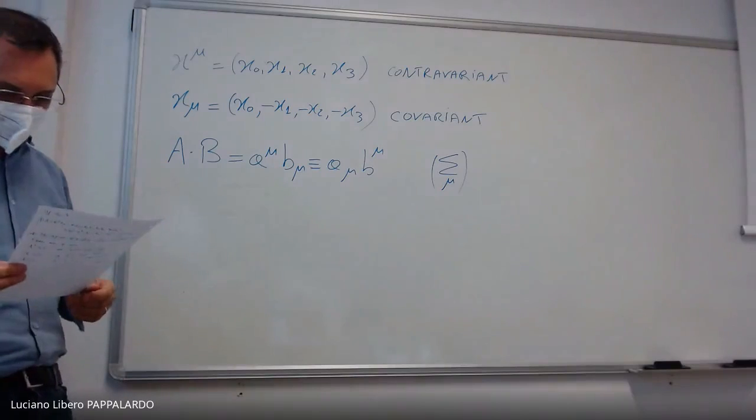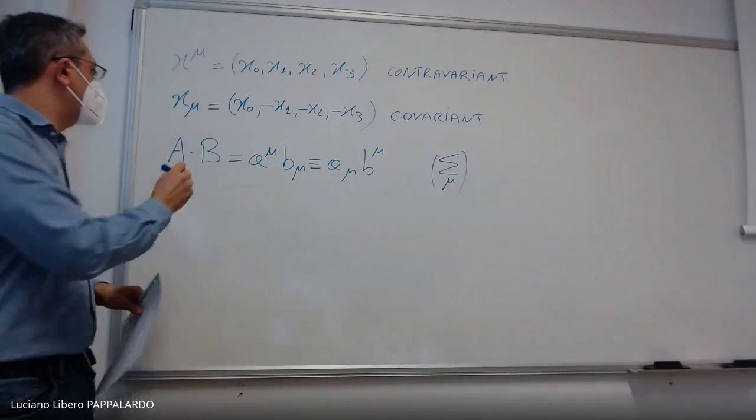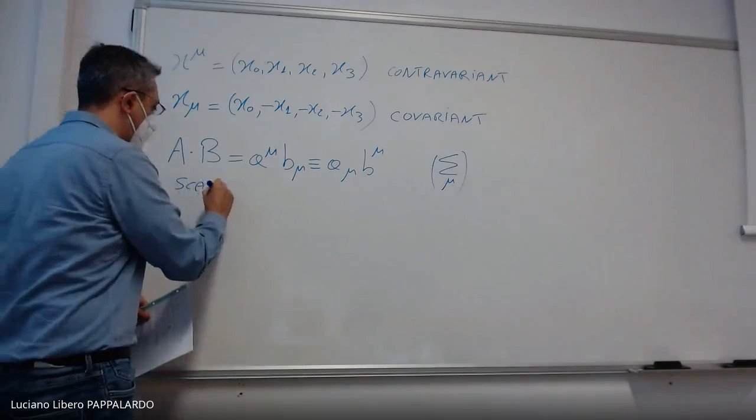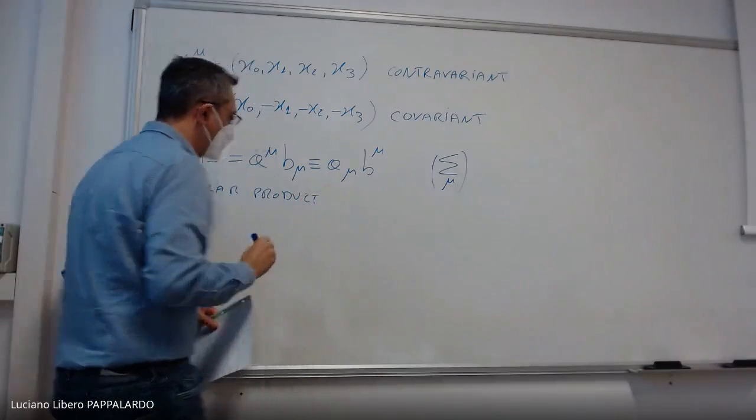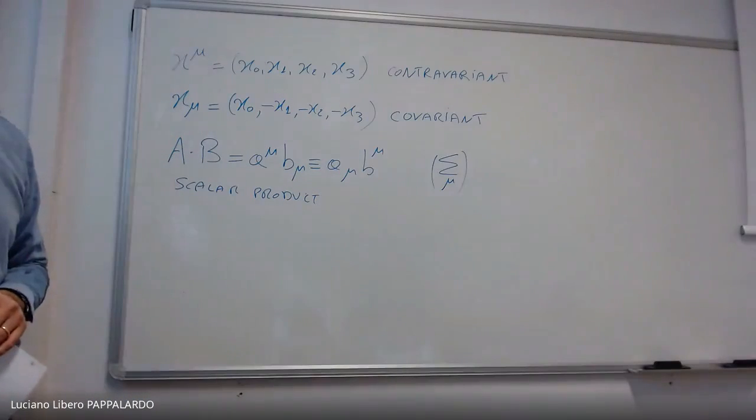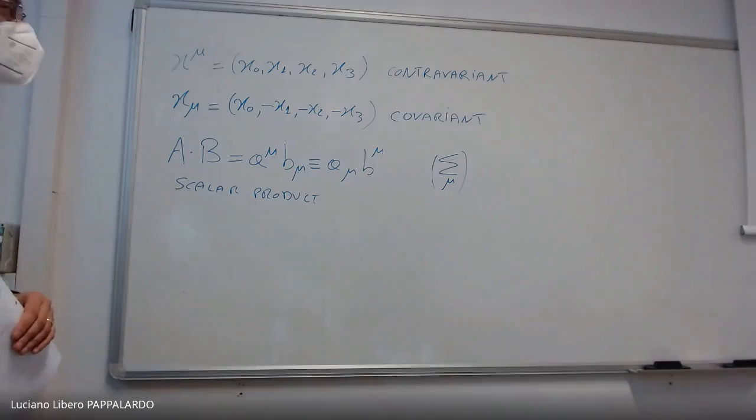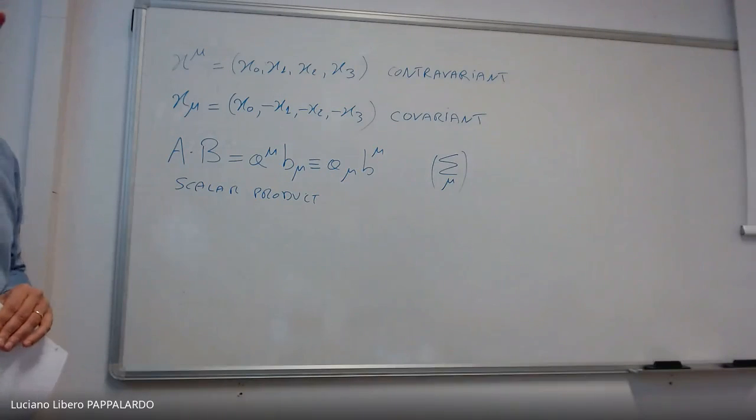Now, it turns out that the scalar product is a relativistic invariant. This means that it remains unchanged when changing from one reference frame to another reference frame through the Lorentz transformation.